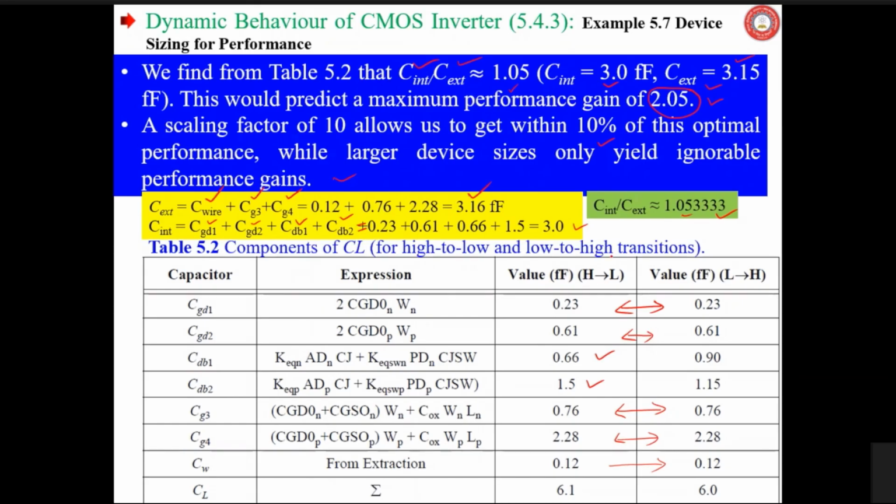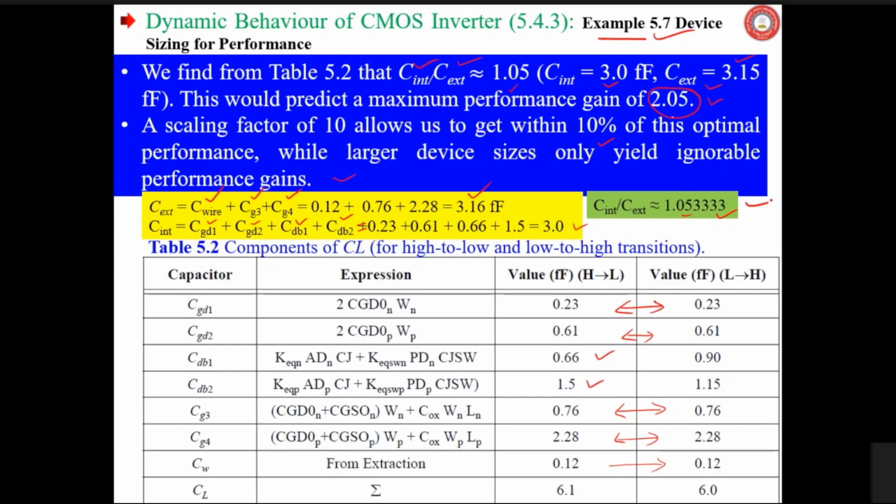This may be given in an example, might have been given in example 5.7, device sizing, and this table is also given in the book. Go through it. I am hoping that you all have downloaded the books. Calculations I have done in such a way that you can understand. Maybe something is given in the book like this table, but everything is not, so I have calculated all and put here.